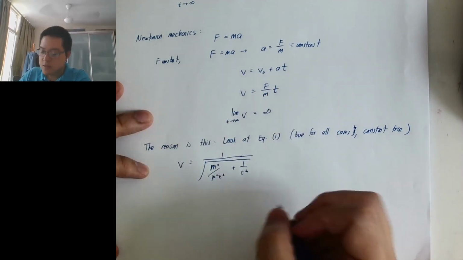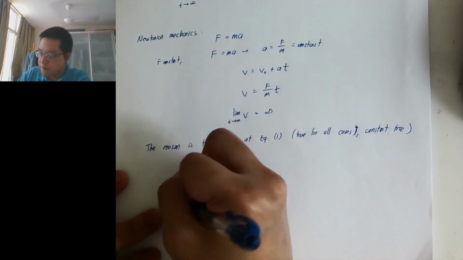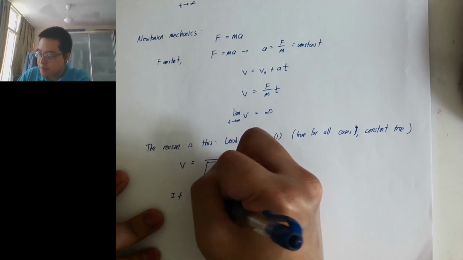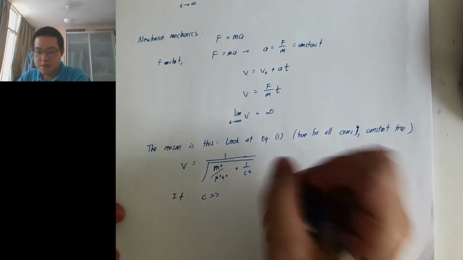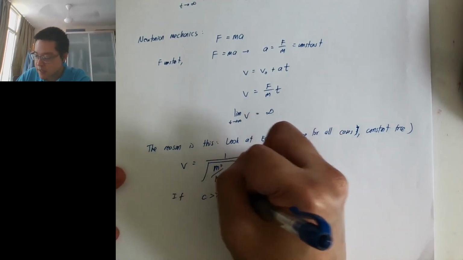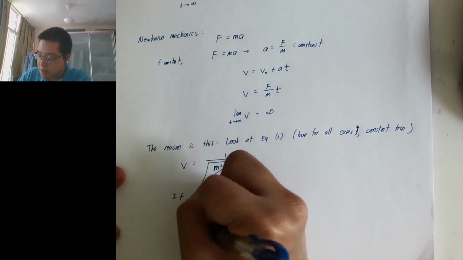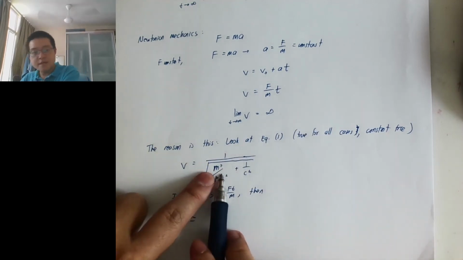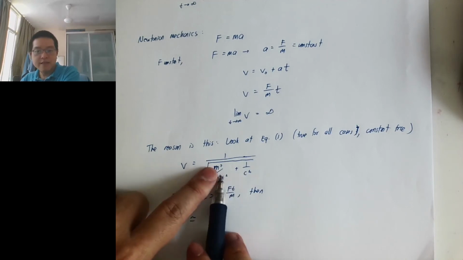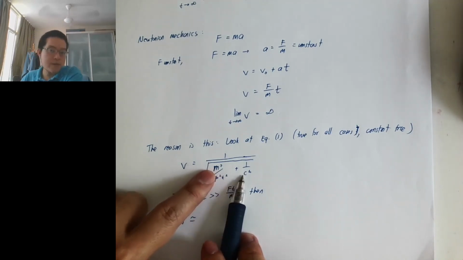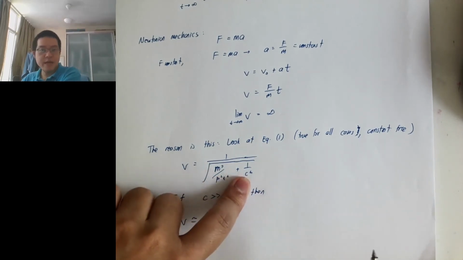Okay, so from this we find that if this number is much larger compared to this number, that means if c is much greater than ft over m, then my v is approximately... for anything that is small compared to the speed of light, then 1 over the speed of light squared is small, so this term will be negligible.